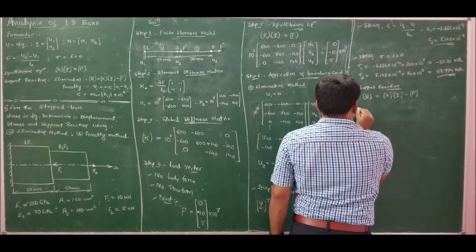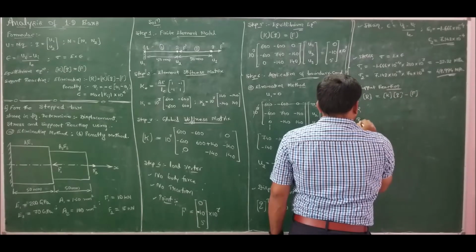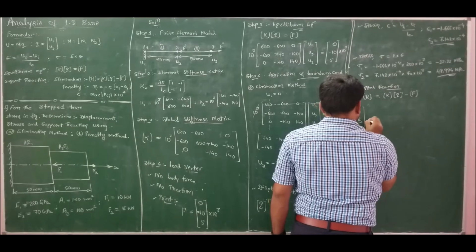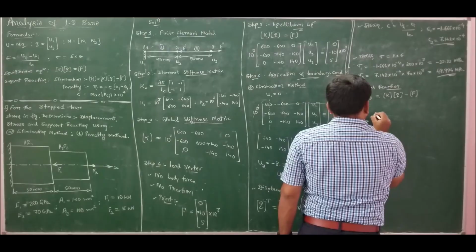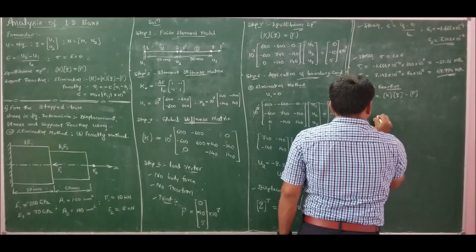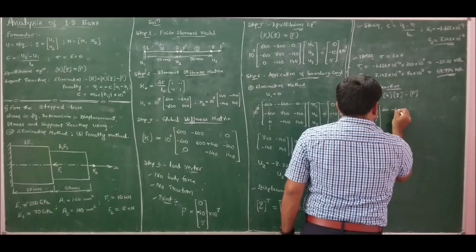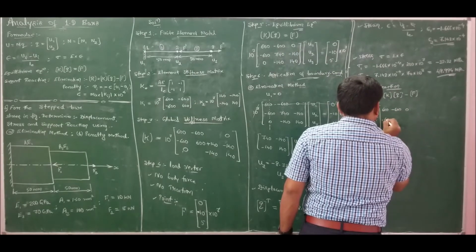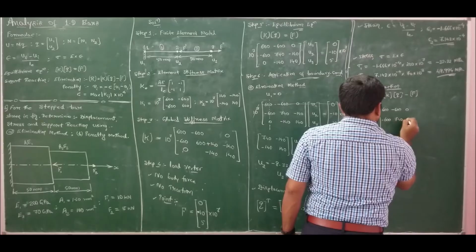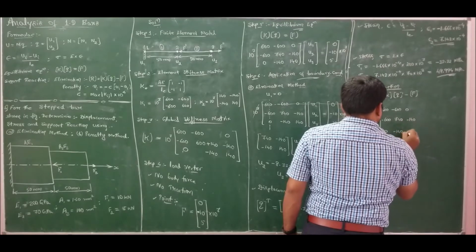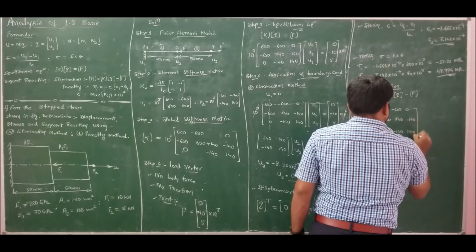So the support reactions R1, R2 and R3 will be equal to, coming to the K matrix, we have 10 to the power of 3 times 600, minus 600, 0, minus 600, 740, minus 140, 0, minus 140 and plus 140.